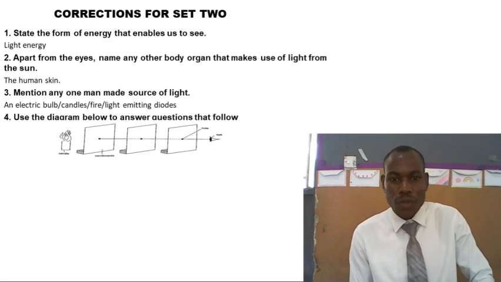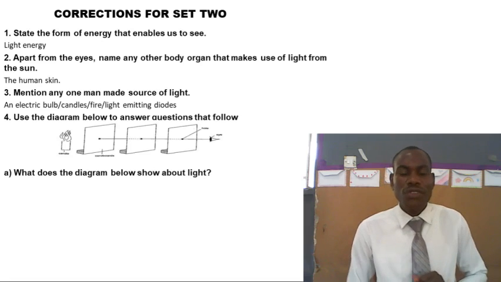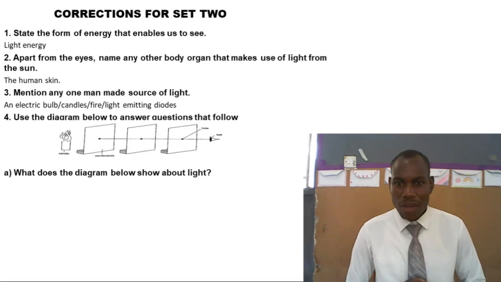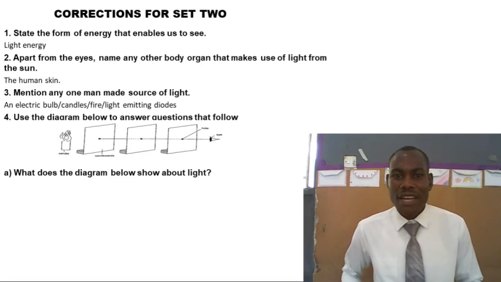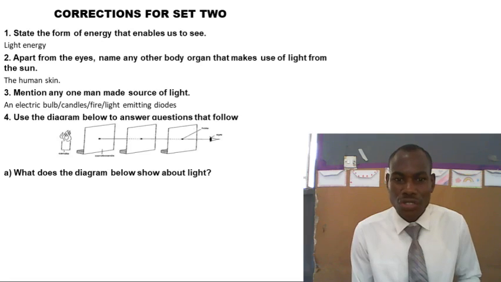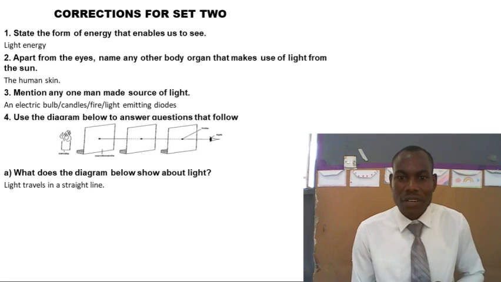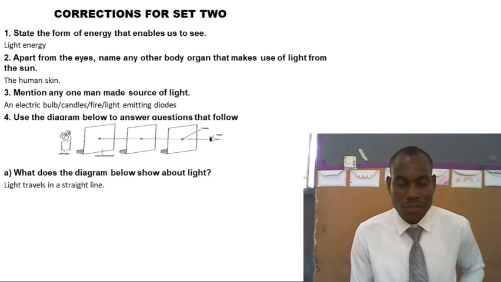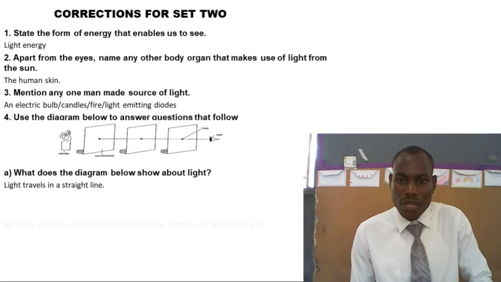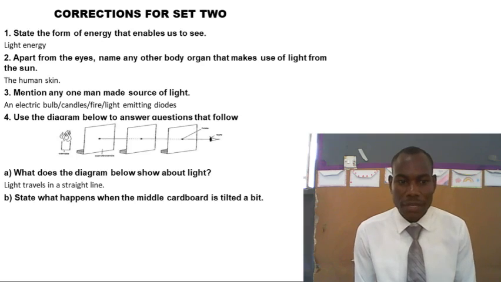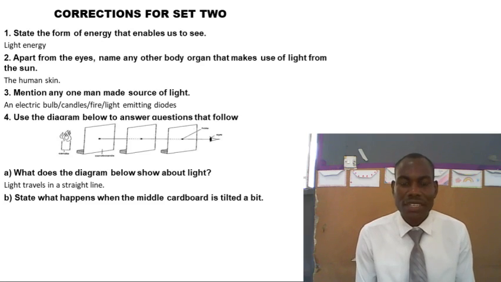Now, which questions are there? Question 4A was, what does the diagram below show about light? What did you write, candidates? You must have written that light travels in a straight line. That's what our diagram shows. The next question says, state what happens when the middle cardboard is tilted a bit.